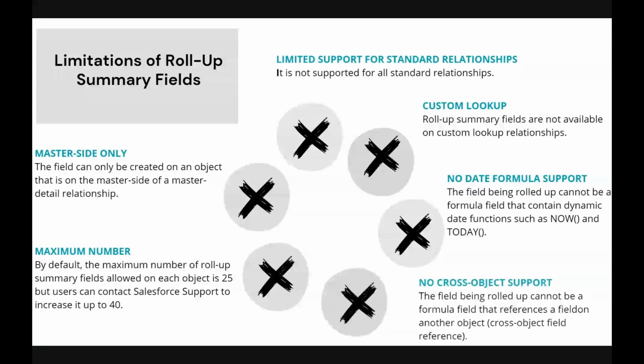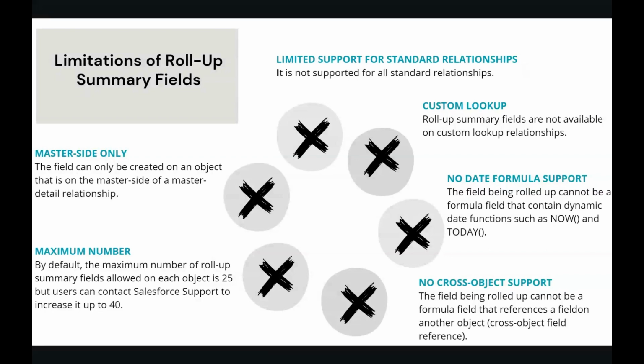Here are some limitations of rollup summary fields. It is not supported for all standard relationships. Rollup summary fields are not available on custom lookup relationships. The field being rolled up cannot be a formula field that contains dynamic date functions such as now and today.